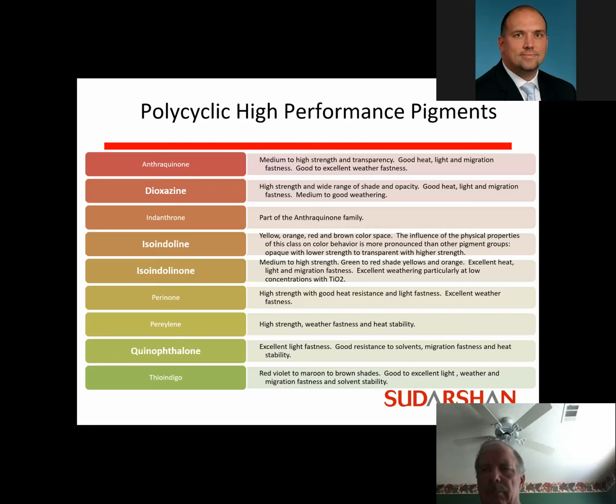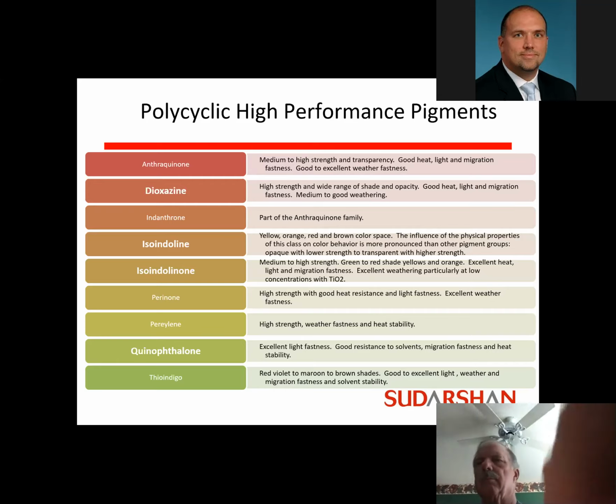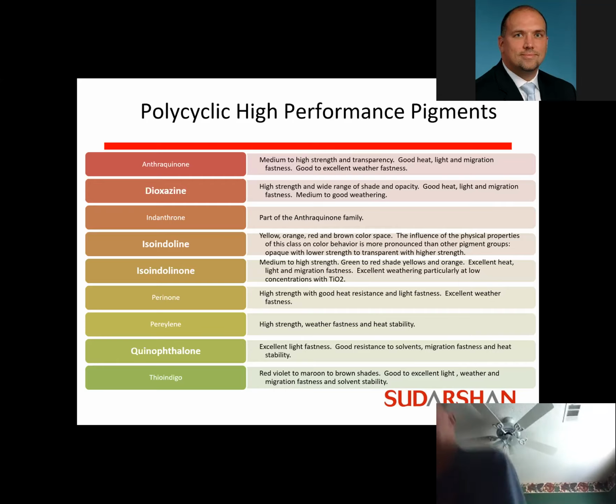This is unique in that chemistry because of the TiO2 photodegradation properties. The isoindolinone chemistries are resistant to the photodegradation. So if you need a red shade yellow pigment in this space, but you also have a high exterior weathering demand, then the isoindolinone chemistry, pigment yellow 110, for example, is the chemistry of choice that will meet your technical needs.